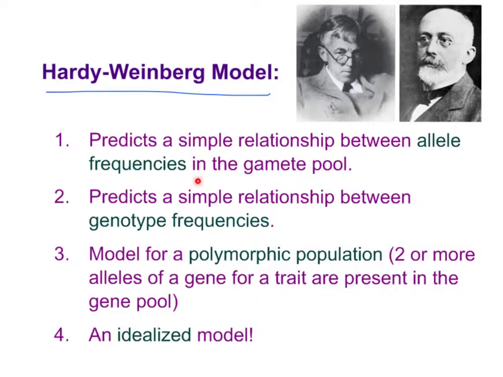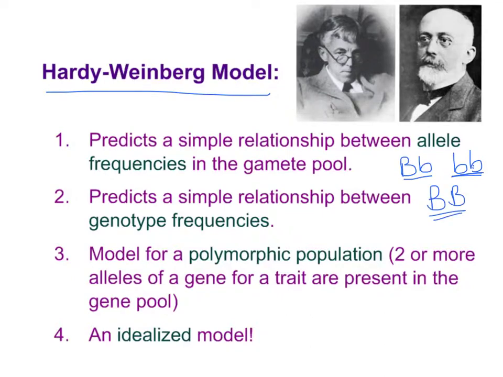It also predicts the relationship between the genotype frequencies. So remember the difference: we've been talking about individual alleles, but there are also genotype frequencies. We can look at the genotype if we look at what we were looking at before with our gene pool. A genotype here would be expressed as whatever that dominant feature is. This genotype, the phenotype would be expressed here as the recessive. Here's another genotype.